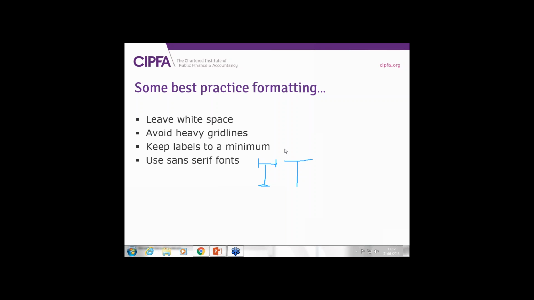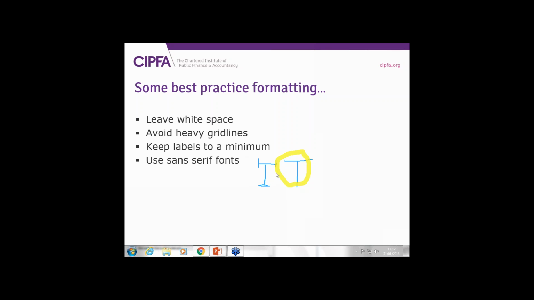Now, the reason I say use sans serif fonts is they are clear, they are more legible when they're shrunk down to a small size. So particularly when you're labelling graphs or using a table and you're going to shrink it down, they are really useful. What I see a lot, though, is people using sans serif fonts like Arial and Calibri in the text of a report because they think it looks cleaner, more modern.